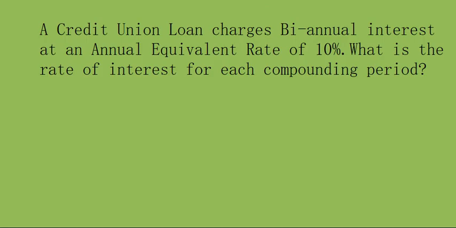So another example: we're told a credit union loan charges biannual interest at an annual equivalent rate of 10%. What is the rate of interest for each compounding period? When are we told the interest has to be paid?